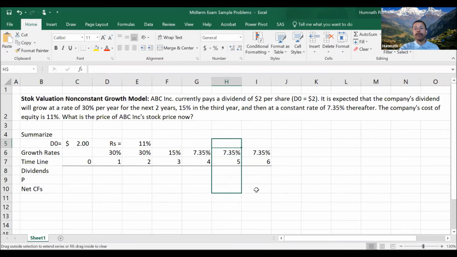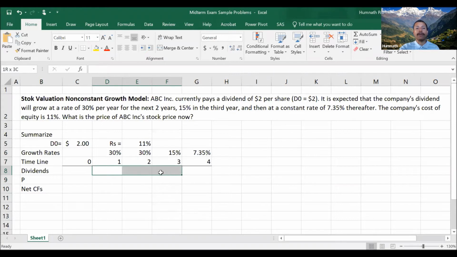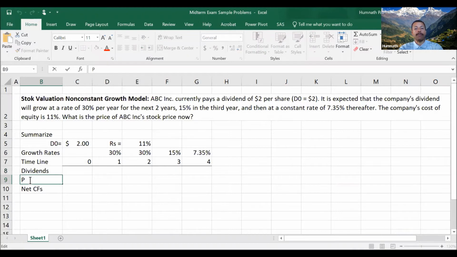That means we can easily calculate the price of the stock in year 3, and then we have the dividends for years 1 to 3. These are the net cash flows for this company, in terms of dividends and stock price. Let me put P3. The reason I'm doing P3 is that the price of the stock can be calculated in year 3.